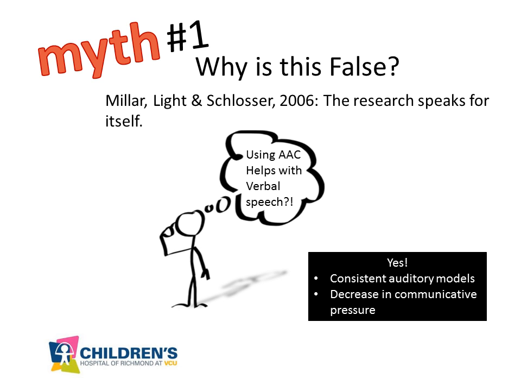So Millar, Light, and Schlosser in 2006 did some research that really showed us a lot about how AAC can actually benefit children and help them improve their verbal speech. It showed that 89% of the children that were looked at had an increase in speech when introduced to AAC, and 0% of those children had a decrease in their verbal speech.